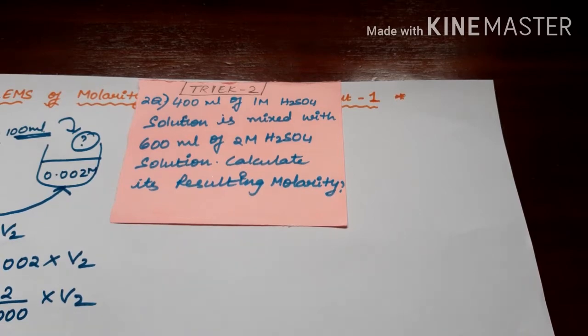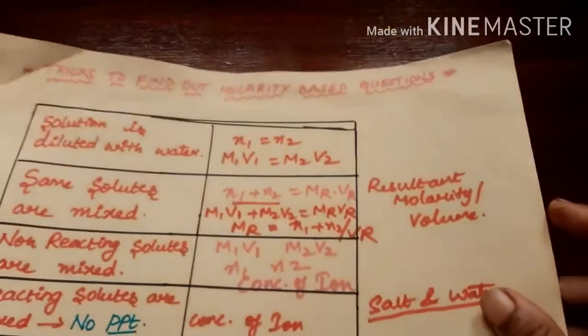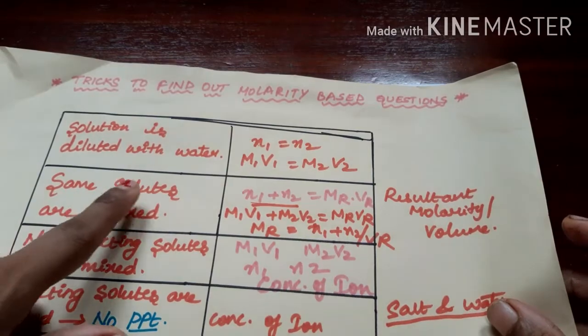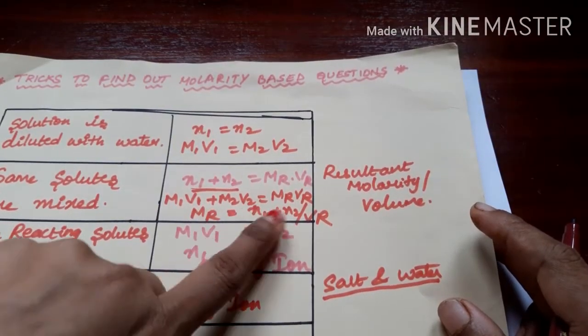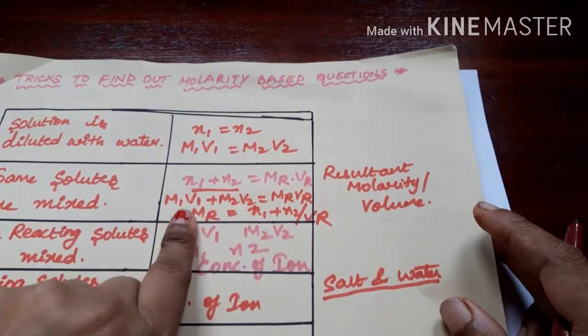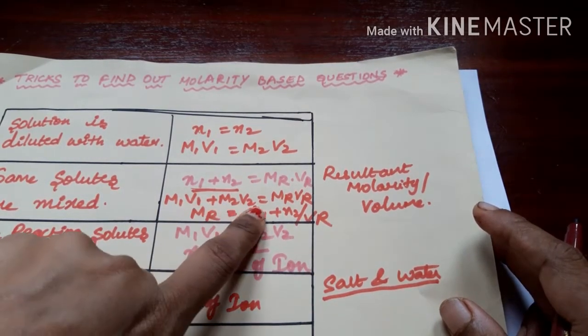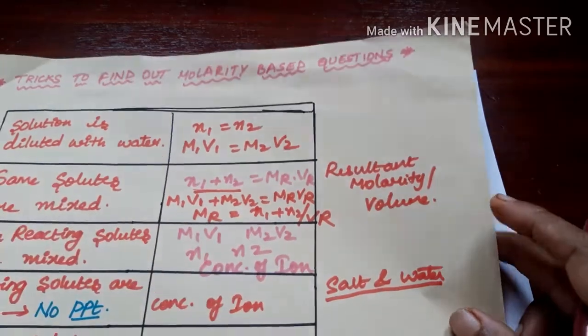Calculate its resulting molarity. This question is based on the second trick. When the same solutes are mixed, MR is equal to (N1 plus N2) by VR, or it can be written as M1V1 plus M2V2 is equal to MR VR.